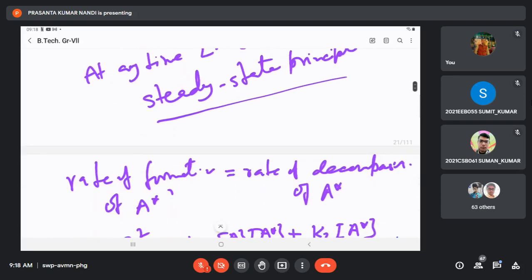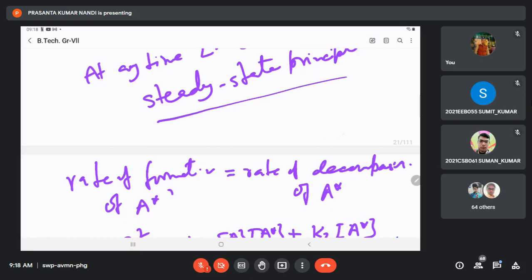Because this is the rate of formation of A star and the rate of decomposition of A star. Decomposition here means not only reaction but disappearance. It is better to write disappearance instead of decomposition, because decomposition means a single step, that is the reaction.